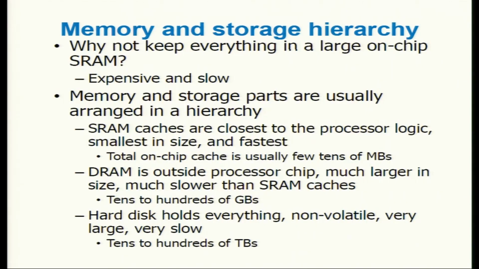We are seeing servers having terabytes of DRAM. Hard disk holds everything, non-volatile, very large, very slow, and it can be tens to hundreds of terabytes in capacity. So this is a typical storage hierarchy that you can see.